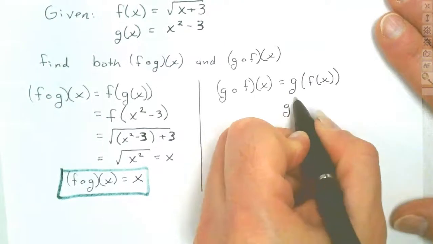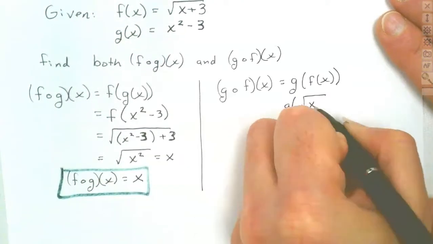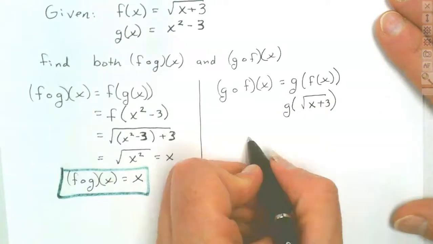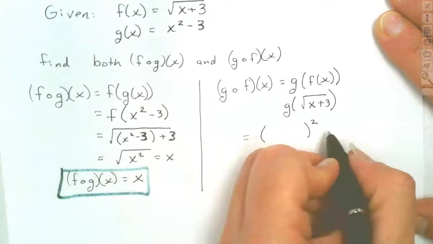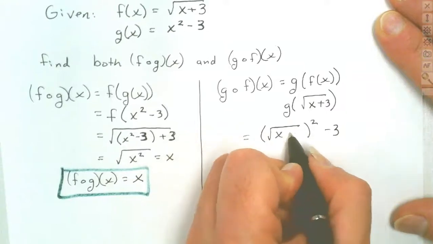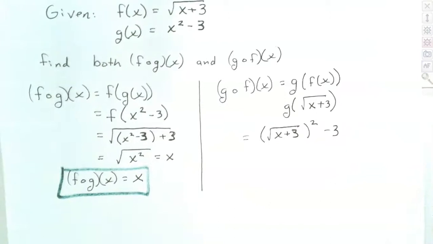And now we plug our f of x in first, which is the square root of x plus 3. Write your g function out with parentheses. Fill it in with the square root of x plus 3. And what do we know about a square and a square root? When we square a square root, what happens to it? They cancel, right? They're opposites.